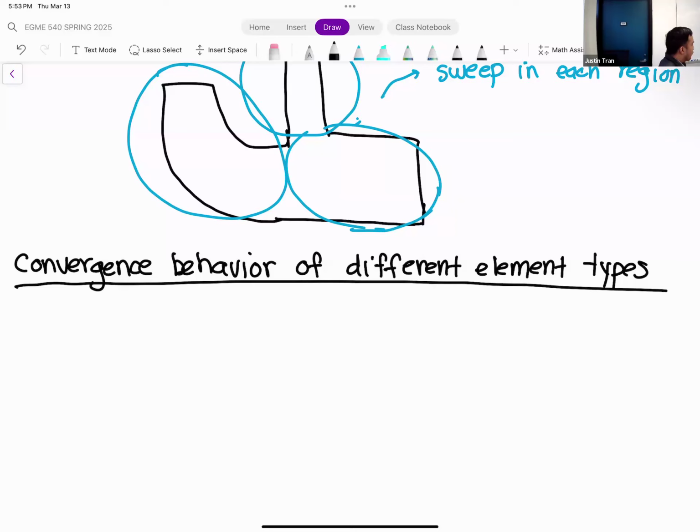Okay, so we've talked informally about the difference in convergence between tetrahedrons and hexahedrons and linear elements and quadratic elements.